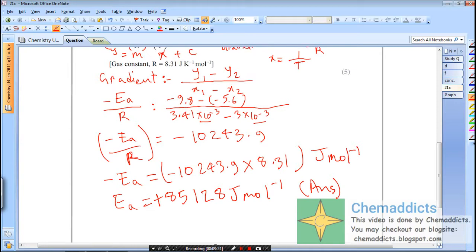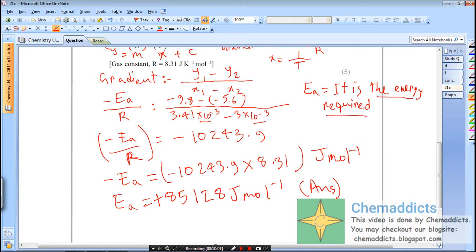If it is not positive, then your answer is wrong, since from the definition of activation energy, Ea is the energy required. It is the minimum energy required for a reaction to occur, or to form a successful collision between the particles.